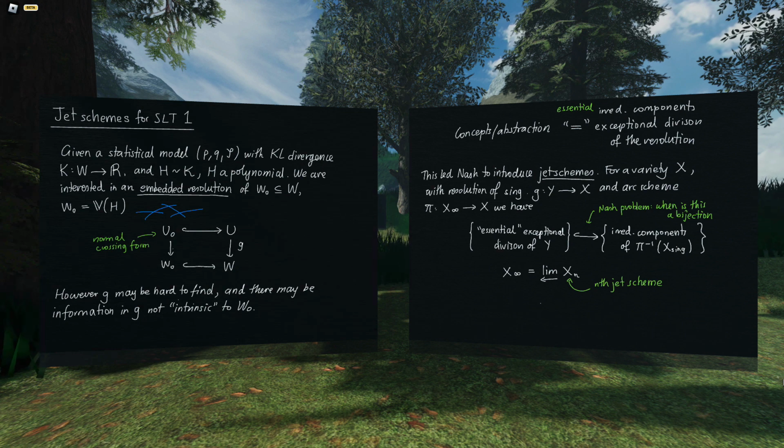The arc scheme is kind of approximated by some tower of finite truncations, which are these jet schemes. Okay. So the question I want to pose, and I think this is an interesting research direction, I mentioned it in the open problems session.